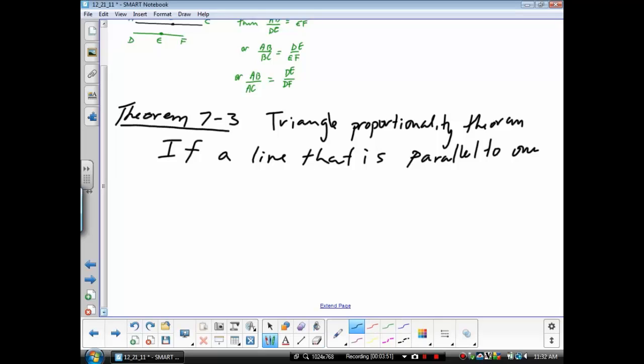If a line that is parallel to one side of a triangle intersects the other two sides, then it divides those sides proportionally.